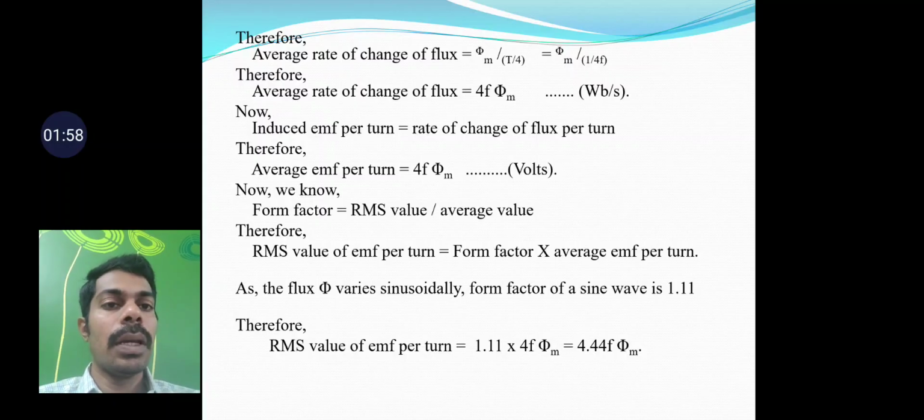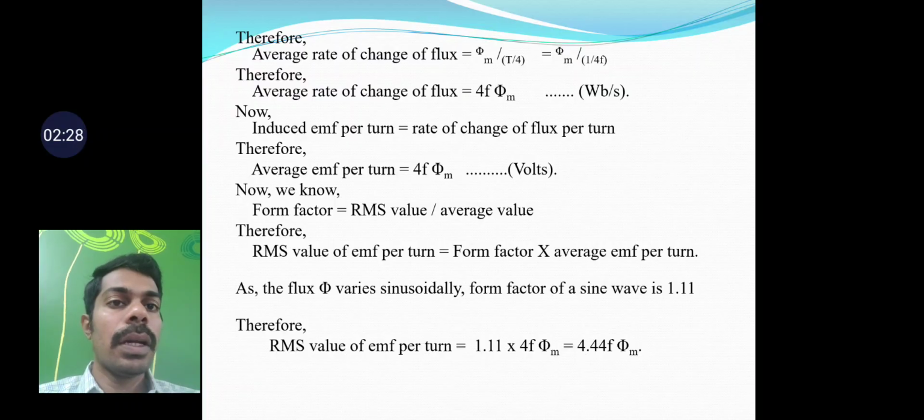So, the RMS value of EMF per turn is equal to form factor into average EMF per turn. As the flux phi varies sinusoidally, form factor of the sine wave is 1.11. Therefore, the RMS value of EMF per turn is equal to 1.11 into the average value.